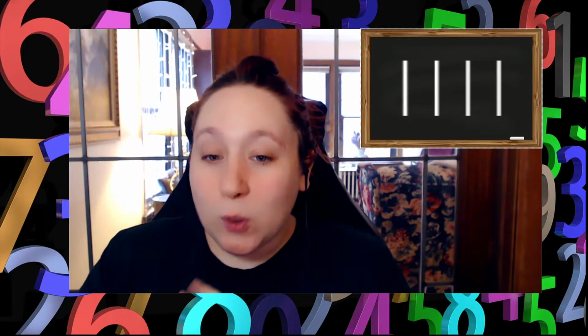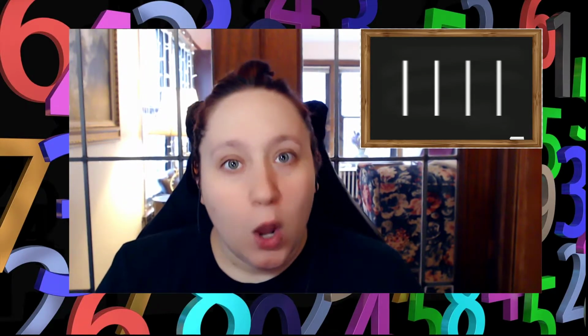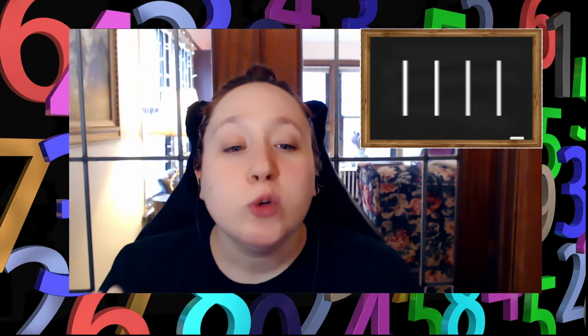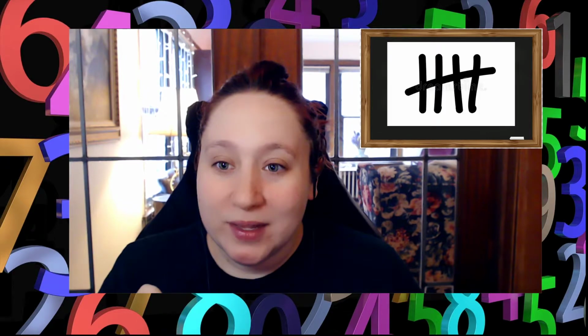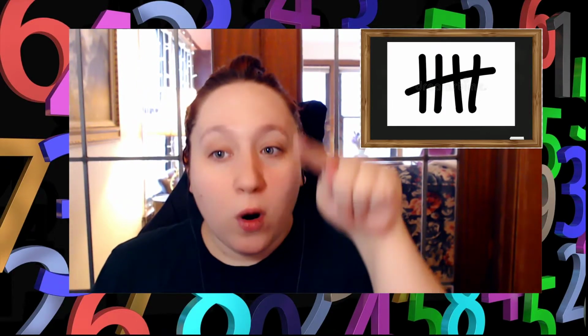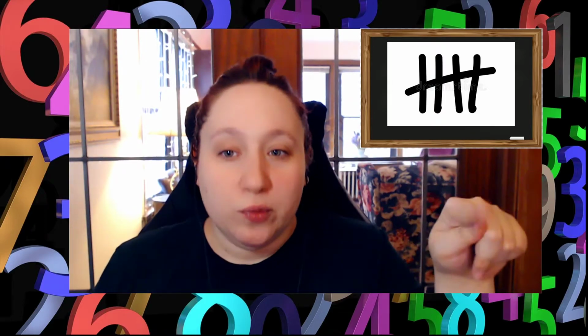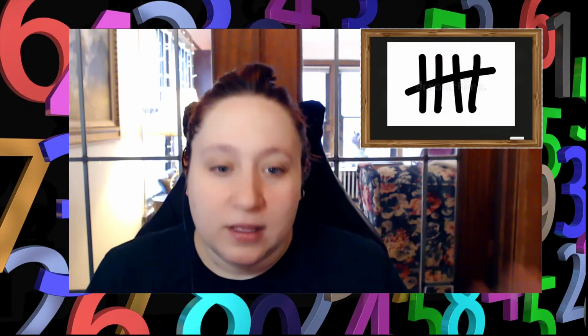Now, there is one more special rule about tallies. When you get to the 5th tally mark, instead of drawing another regular tally, we draw a diagonal one that goes across the other 4 tally marks. I'll show you. Just like that, right? You see there are the 4, 1, 2, 3, 4, and then the diagonal one, and that represents the 5th.